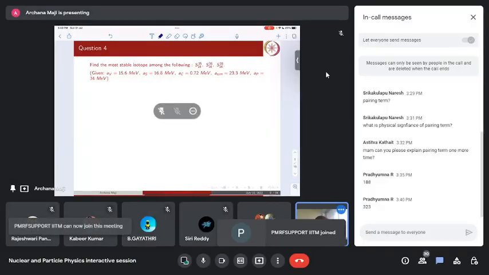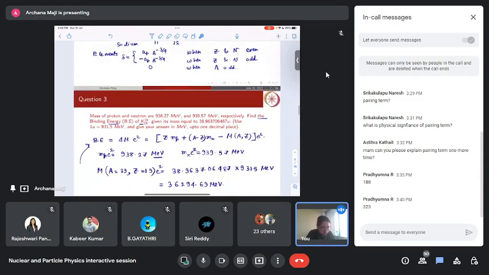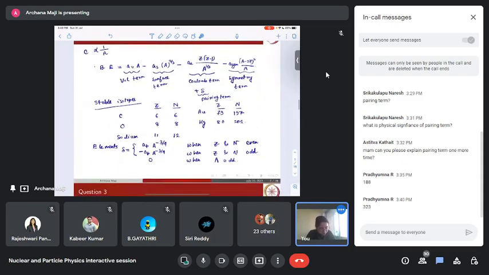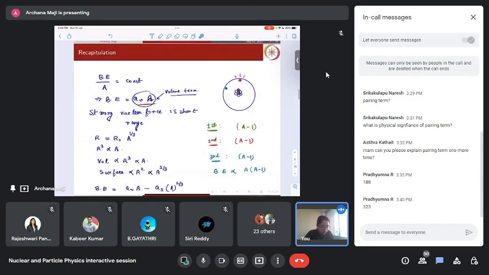Okay. Now for the fourth question, we have to find out the most stable isotope among these three. As we already explained, if an isotope is stable, that would mean the binding energy per nucleon for it is large.